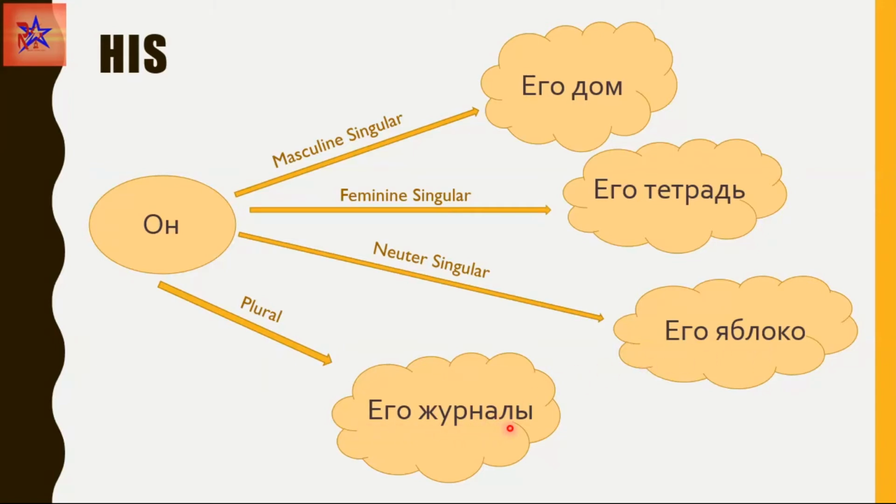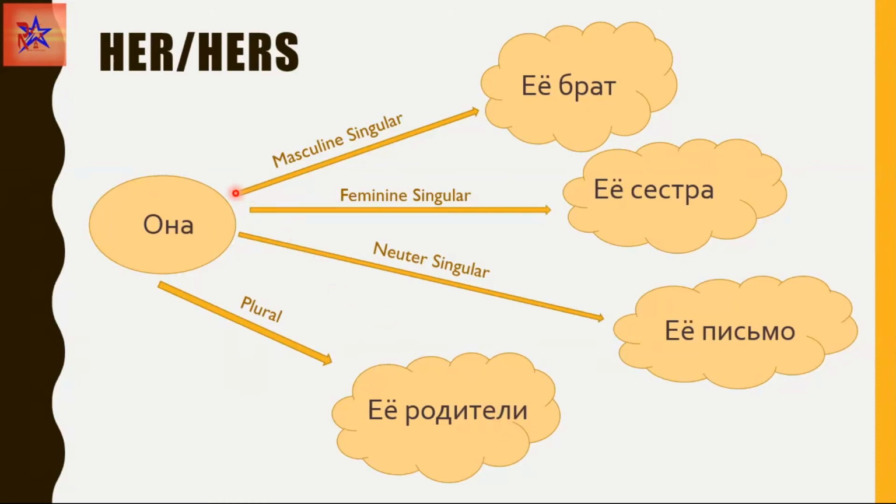That's easy. So for the она, it's again only one form to remember. It's ее. Let's read. Ее брат, ее сестра, ее письмо, ее родители.